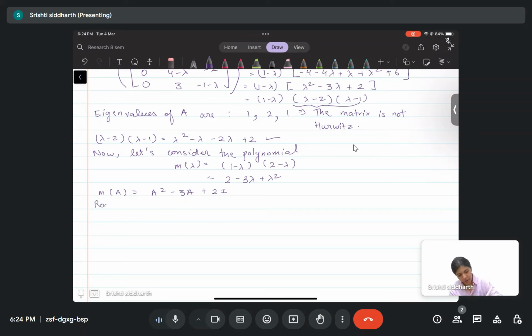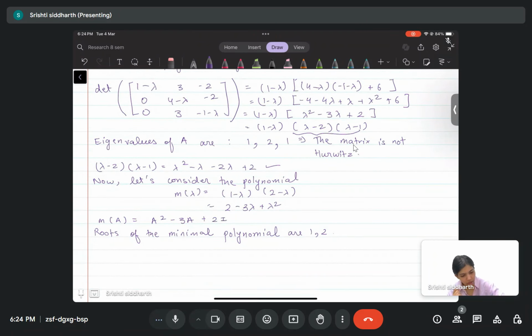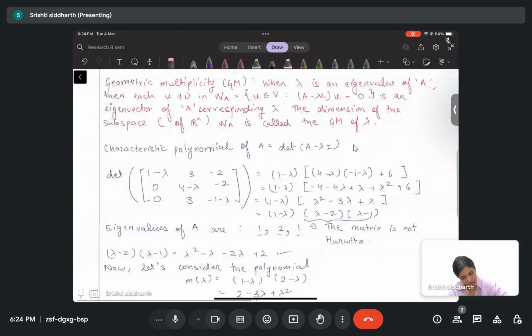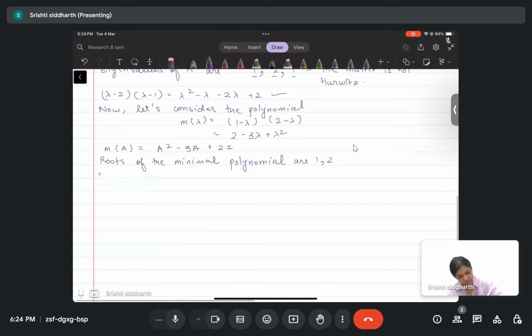The roots of the minimal polynomial are 1 and 2, and the eigenvalues of A are 1, 2, and 1. Therefore, we can say that the n eigenvalues of A are not exactly the roots of its minimal polynomial, which implies that the matrix is not cyclic.